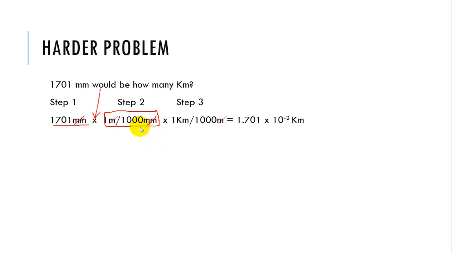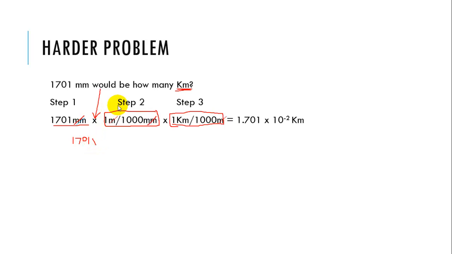Now this gives you meters though, and the question says you want to go to kilometers. So now we have to get rid of meters, so I multiply again by another conversion factor. Meters is on the bottom, kilometers is on top. The equivalency is 1 kilometer is 1,000 meters. Once my units are all squared away, I just go through and either multiply or divide.